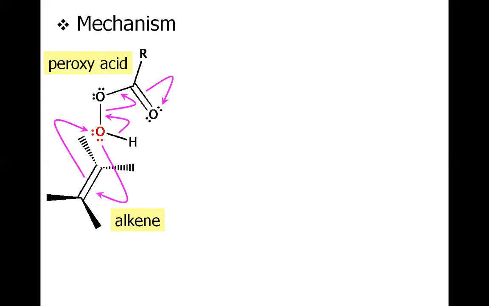So first of all, there will be attack of the pi bond on this electrophilic oxygen, and once it is attacked by the alkene, this O-O bond will be broken to afford the carboxylate salt. And this is the reason for this red oxygen to be electrophilic, because once it is attacked by a nucleophile, the byproduct is the carboxylate salt.